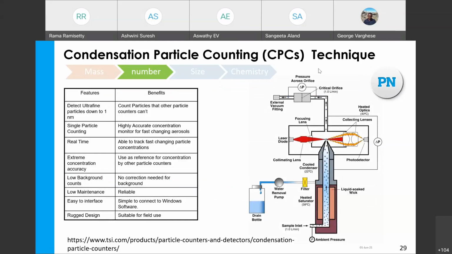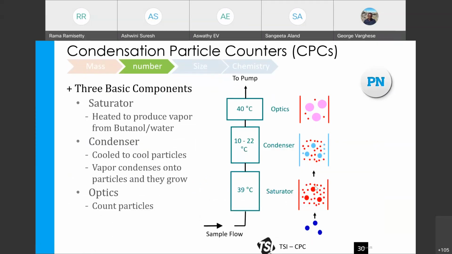In this, the instrument pulls the sample air from the outside at a certain flow rate, and the particles go into the saturation region. In this region we have a saturator, mostly butanol, water, or isopropanol. We heat the saturator liquid, and the fumes of this saturator will condense on the particles.